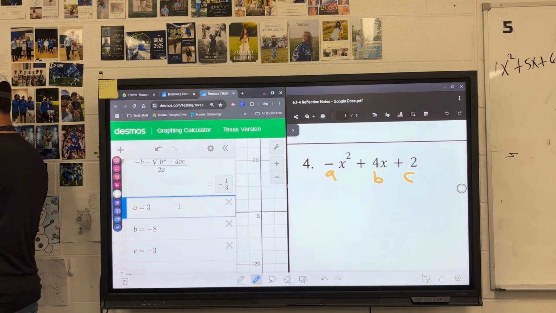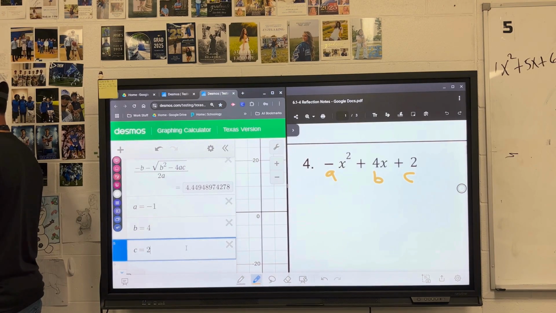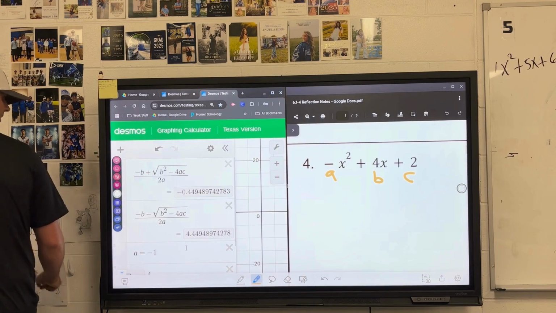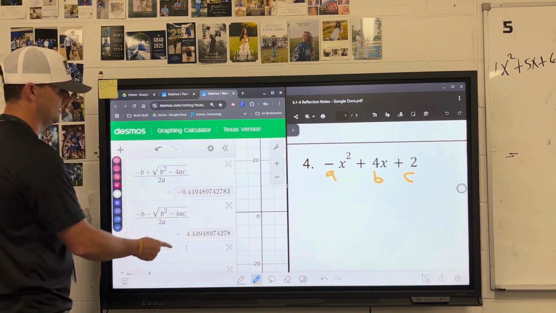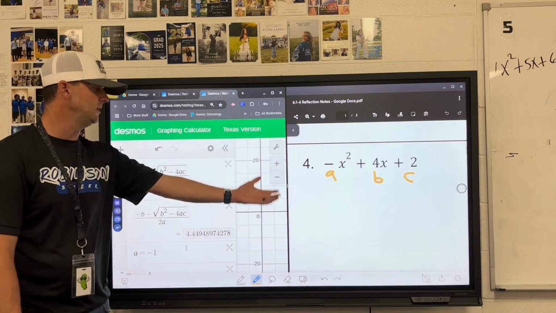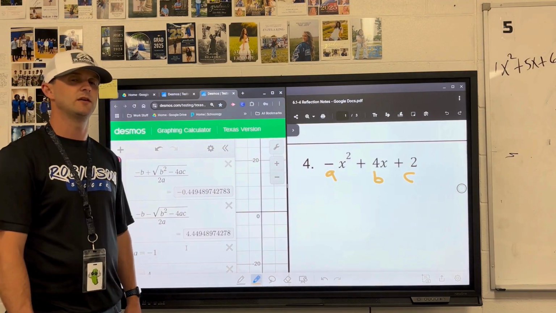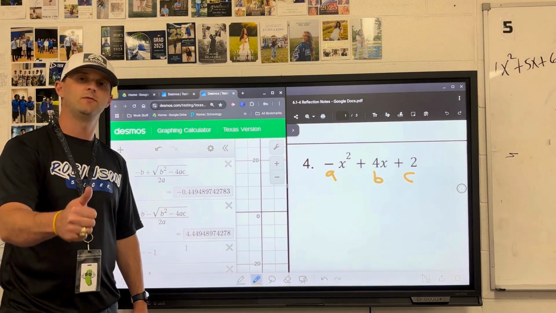Your A value is going to be negative 1, your B value is going to be 4, and your C value is going to be 2. Now when I scroll up, you see these would be my two solutions written in decimal form, ladies and gentlemen. So that is how you can simply use the quadratic equation to solve for any quadratic whenever given to you. Let me know if you have any questions.